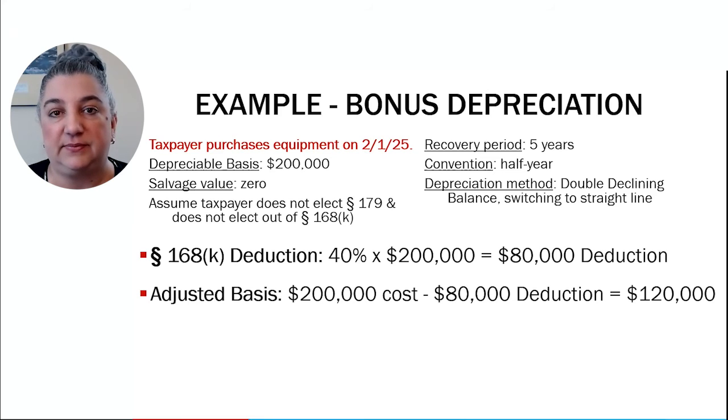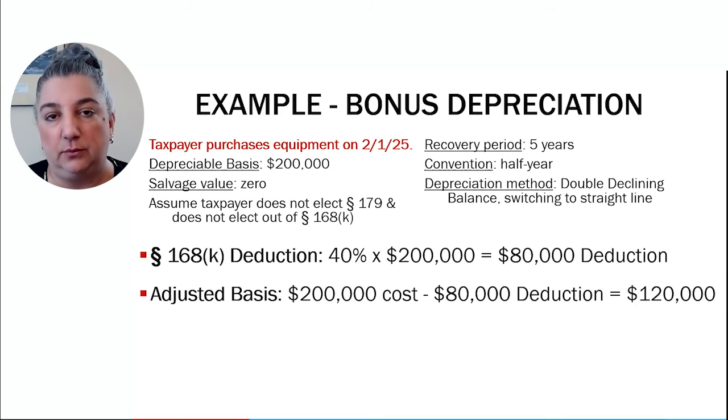Let's assume that the taxpayer buys property for $200,000, and that's the basis for depreciation, and the property qualifies under Section 168(k). Let's also assume it's tax year 2025. In 2025, the bonus depreciation percentage is scheduled to be 40%.